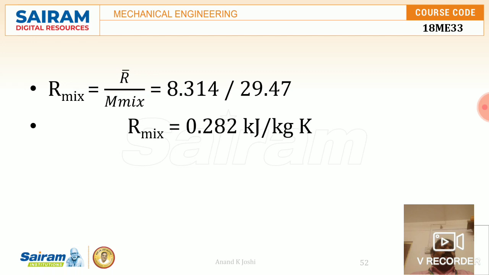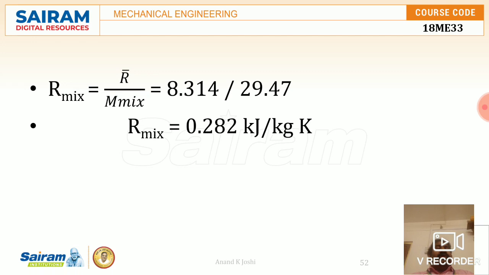8.314 divided by 29.47. What is the 29.47? That is what we already calculated as the molecular weight of the mixture. So you have to take the ratio 8.314 divided by 29.47, and R mix is equal to 0.282 kilojoules per kg Kelvin, or we can write it as 282.0 joules per kg Kelvin.